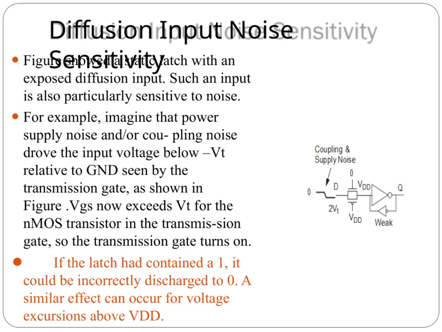When this happens, the gate-to-source voltage of the NMOS transistor exceeds its threshold, turning the transmission gate on unexpectedly. If the latch was holding a logic 1, this noise-induced turn-on could cause it to be erroneously discharged to zero. A similar problem arises if the voltage spikes above the supply voltage, VDD, potentially causing incorrect behavior. This highlights why controlling noise on diffusion inputs is crucial for latch reliability.